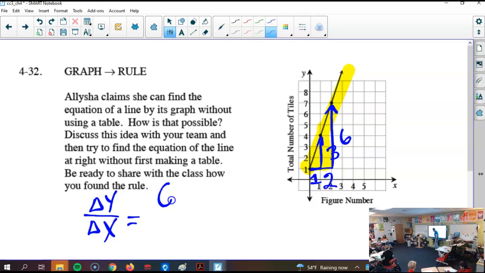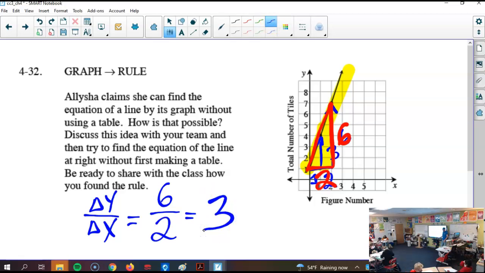So if you want to make an example on your paper of how to determine your slope, it's the change in y over the change in x. My y went up by 6. If I look at the big triangle here, it went up by 6, went over by 2. But this reduces to 3.